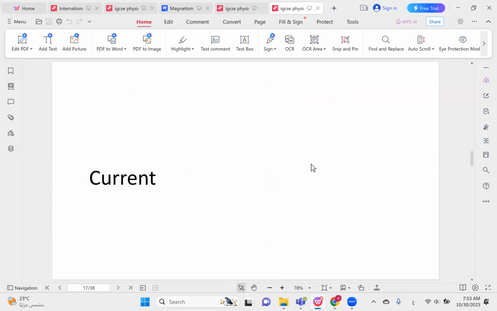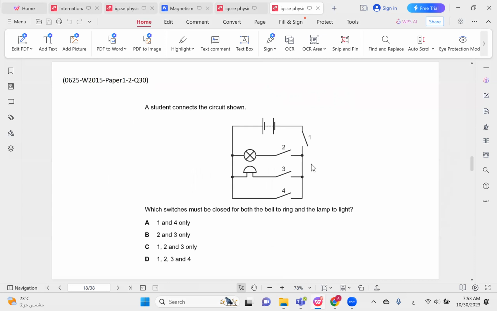Moving on, we're going to talk a little bit more about how current splits up in a circuit. A student connects the circuit shown, which switches must be closed for both the bell to ring and the lamp to light? So in order to understand this, you need to understand how the current flows inside a circuit.